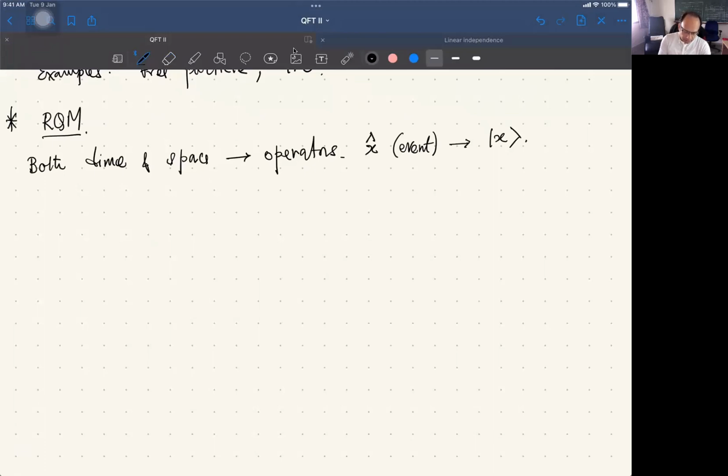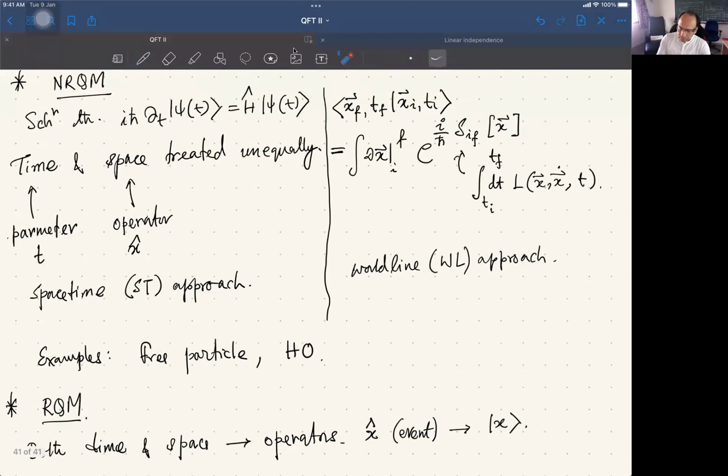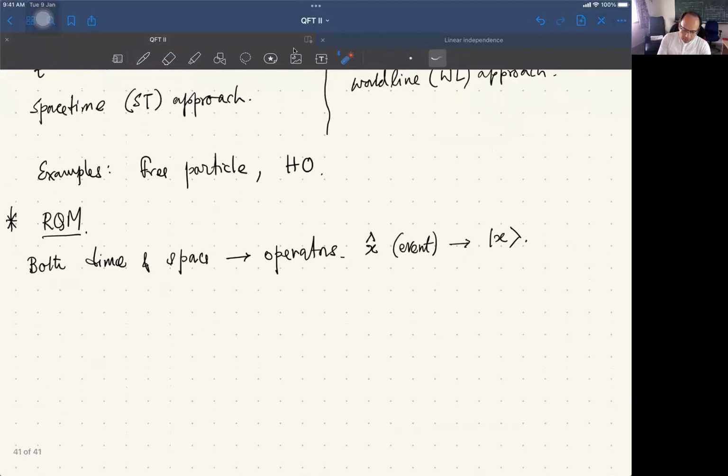What we did is the approach that we discussed using path integral, which is a generalization of this statement, and the generalization actually involved certain geometric views. That is a world line approach. So this is a world line approach, and the result is the path integral.